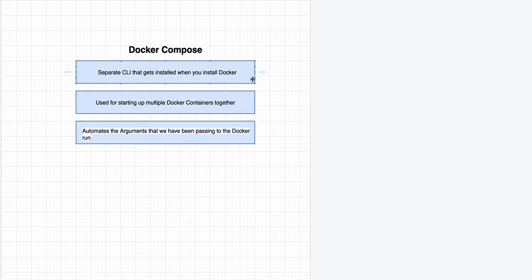No more remembering the port numbers or the different arguments which you have to pass to the Docker run and set up the ports manually. No longer required with the Docker Compose, and it automates the arguments that you have been passing to the Docker run. So these are all the advantages of Docker Compose.